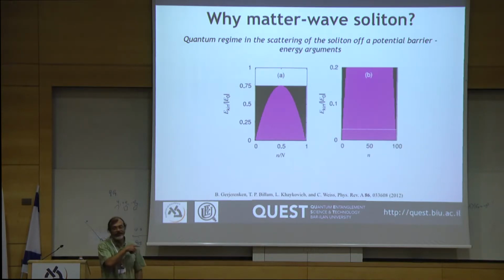You will see it in a moment. Capital N is the number of atoms, and small n is the number of atoms in one particular part of the split wave function. So now the ratio can be either 0 or 1.